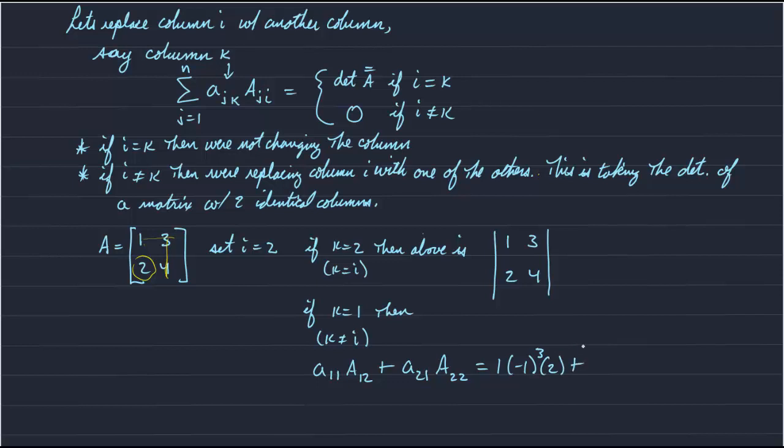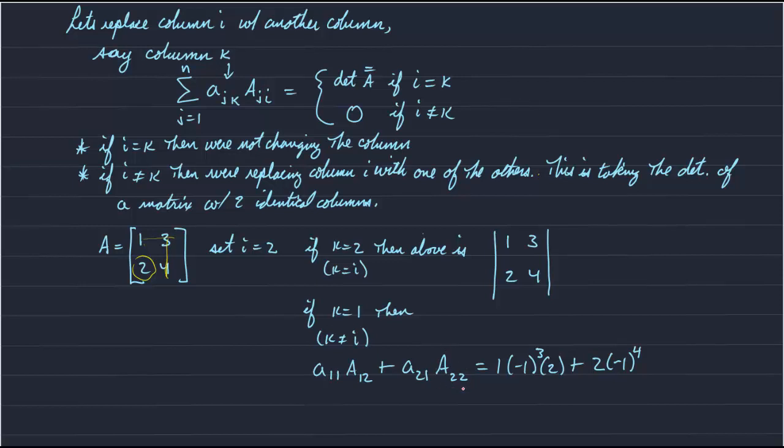Then we add that to a 2, 1, which is 2, times minus 1 to the 2 plus 2 power, which is 4, and then the determinant of the submatrix for capital A22.